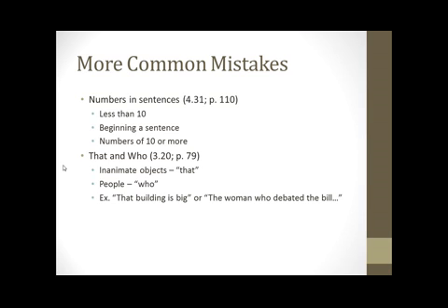Here are some high-level points to remember. For numbers that are less than 10, you generally want to spell those out. So if you're just saying the number 5, spell out five. If it's 10 or more, you can typically just write the numeral.